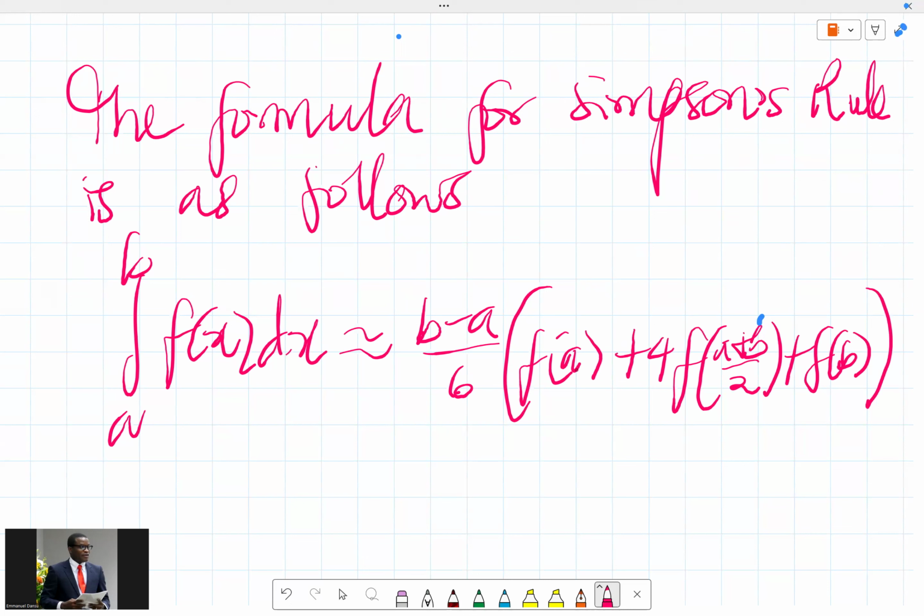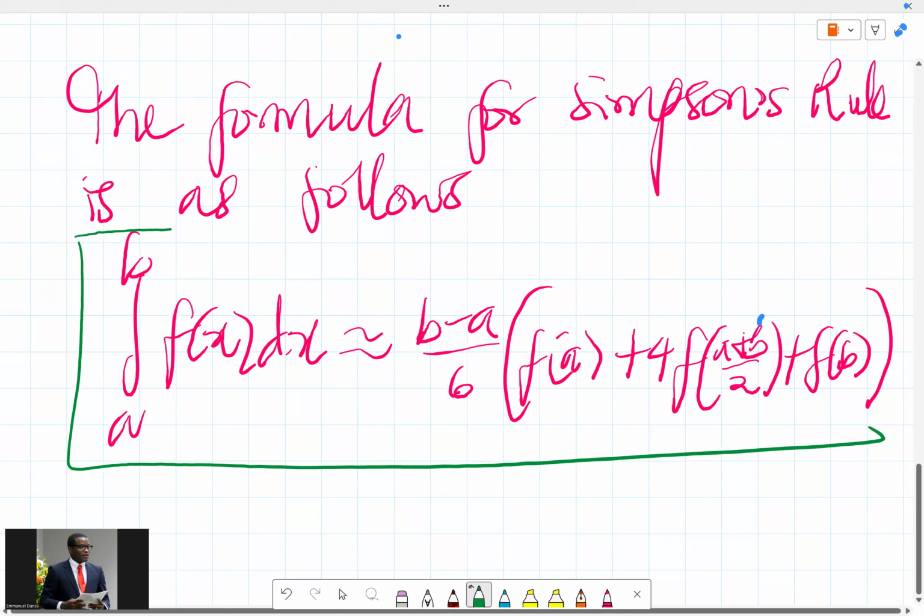So that is the formula for Simpson's rule.